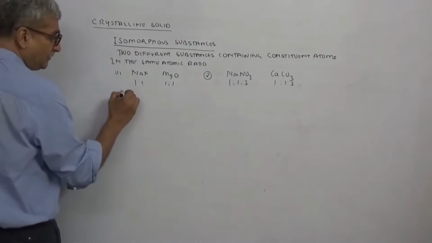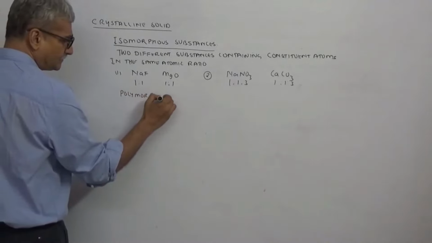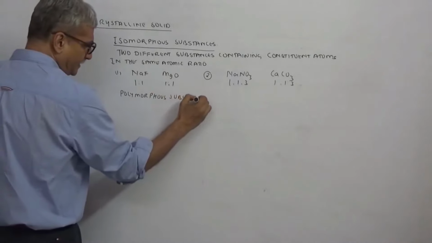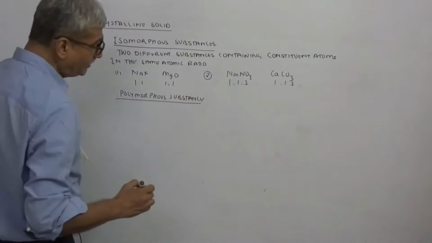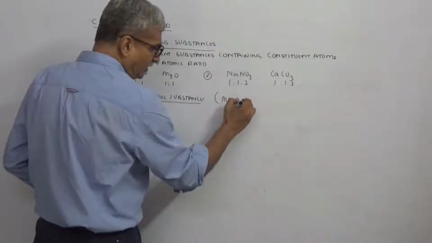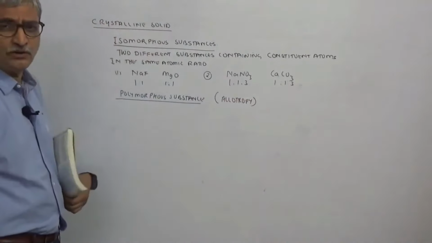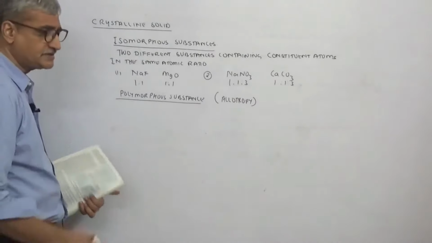But what is the other one? What is a polymorphous substance? When we talk of a polymorphous substance, this is also what you have studied in your earlier class as allotropy. What do you mean by allotropy or polymorphous substance?